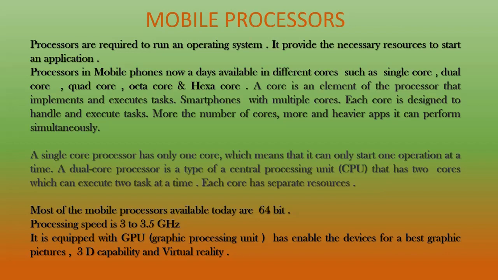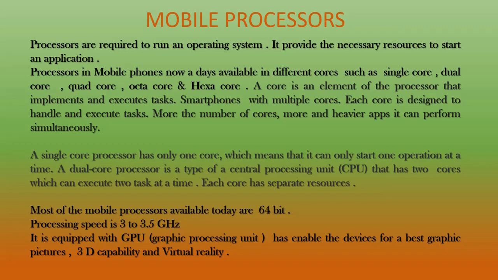These processors are embedded with the graphic processing unit which will provide high quality videos and 3D capabilities. Processors are used to run an operating system, and they provide the necessary resources to start an application.